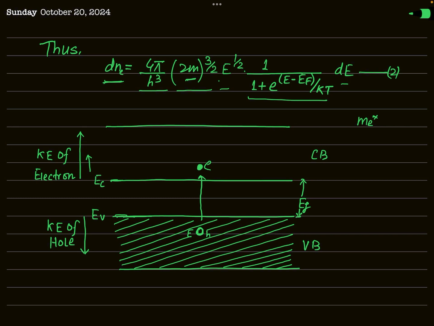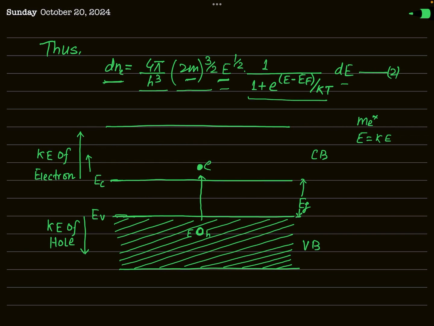Now again, this energy E is actually the kinetic energy. Why is it kinetic energy? Because when we talk about the free electron, then this E represents its total energy, and in case of a free electron, since potential energy is 0, E means kinetic energy.